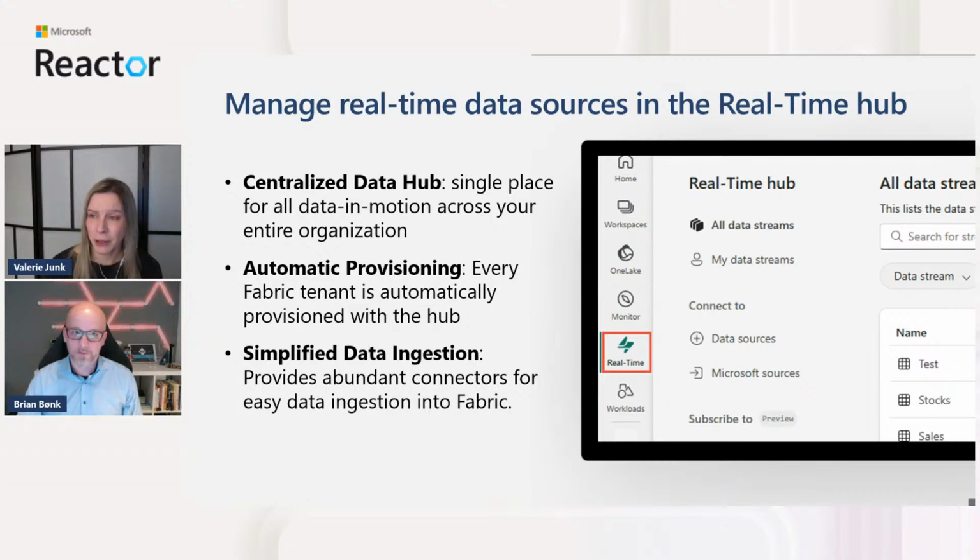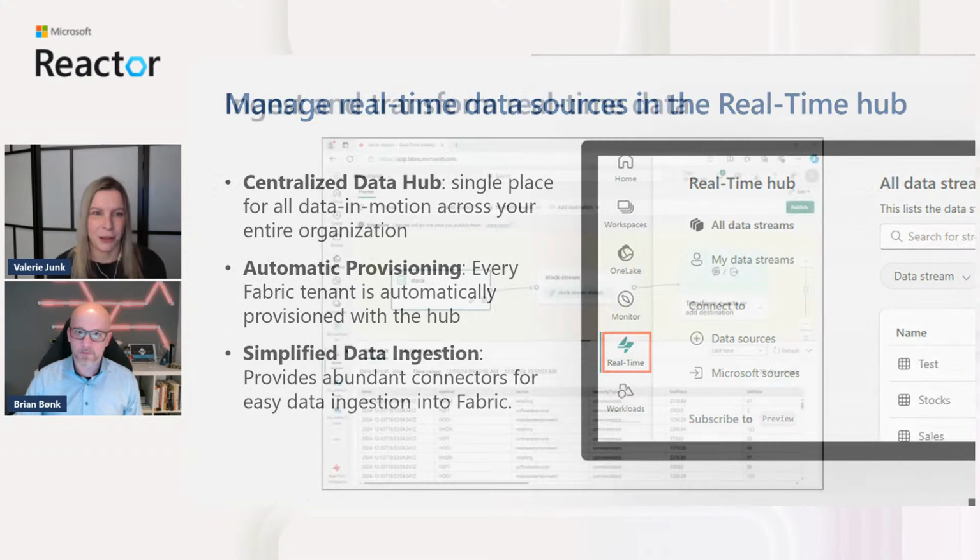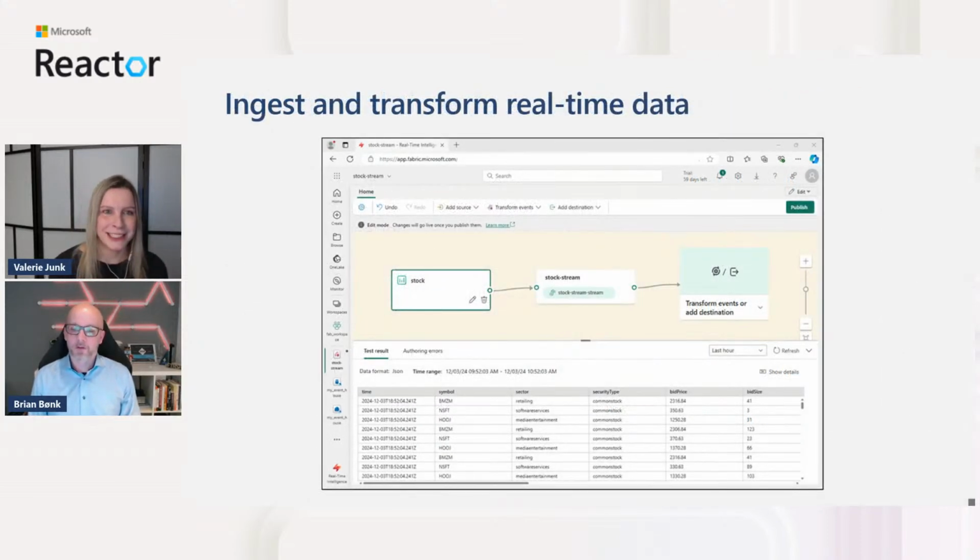And when I talk about event streams, if you go to the next slide. There you go. We actually see one of these streams, so people know what it looks like. It looks like this, a really visual drag and drop experience. We have some more information about this later on in the slides. But when I opened this for the first time, when I got started with real-time intelligence, I was like, hey, this is actually really easy.